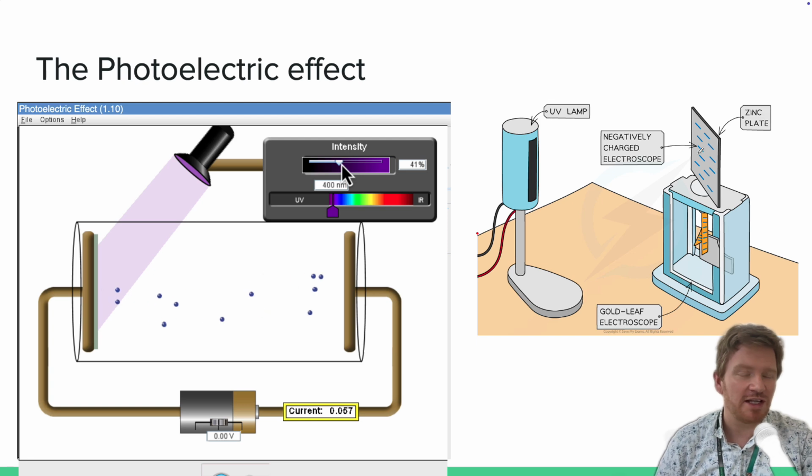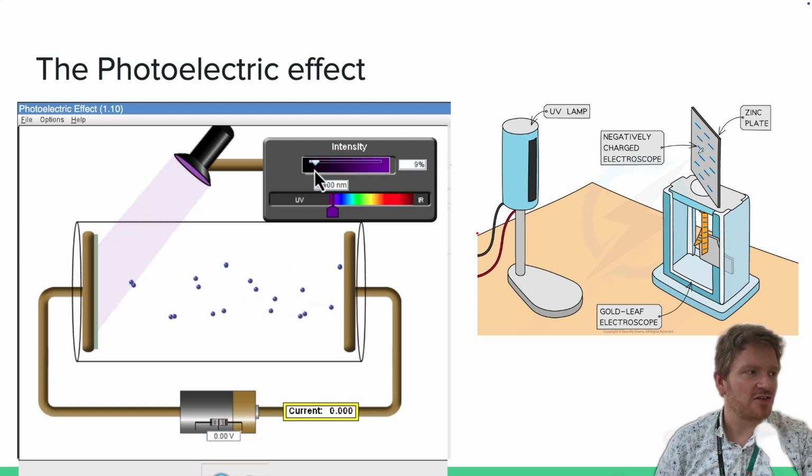Now, there are some really weird things that we see here as well. One thing we see is that if we increase the intensity of the light, like I've just done, we get more current. Can you see we're getting more electrons appearing here?